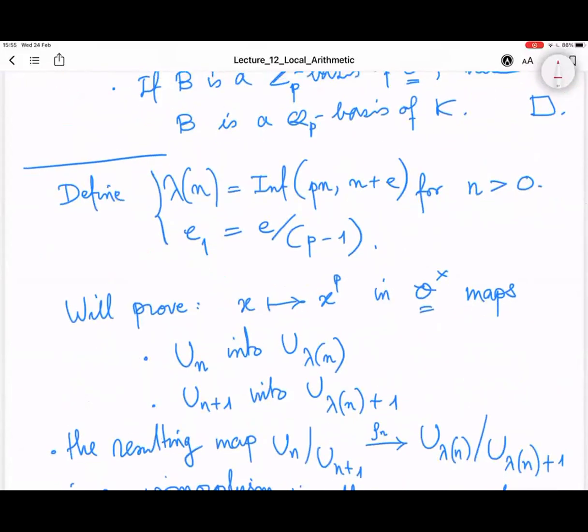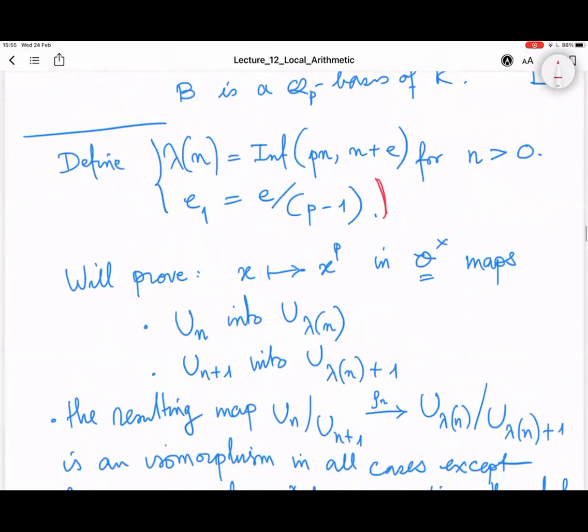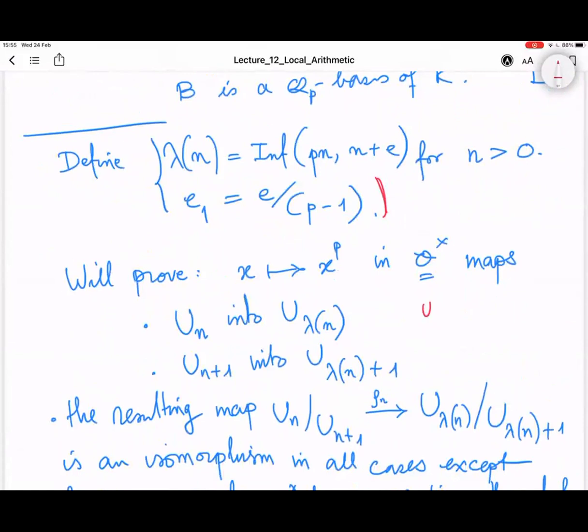Okay, so this is where we were, right? e_1 is this rational number e over p minus 1. And I was trying to recall that this U_n is the kernel of the map from the group O star to O modulo p to the n, star, right?